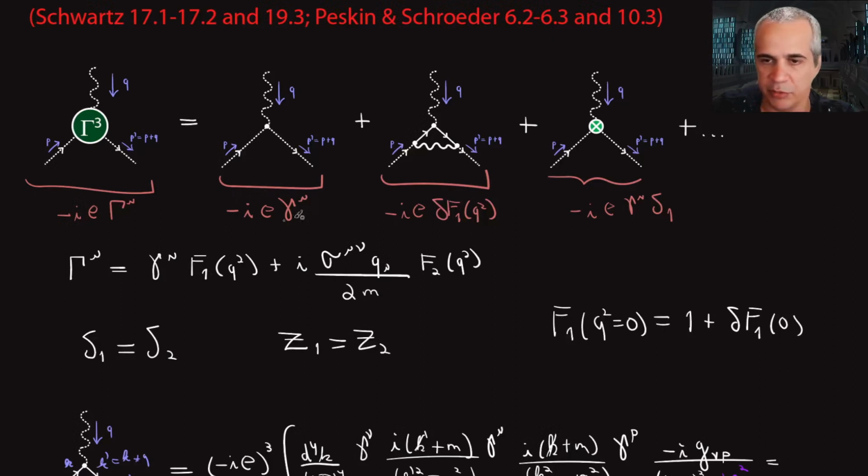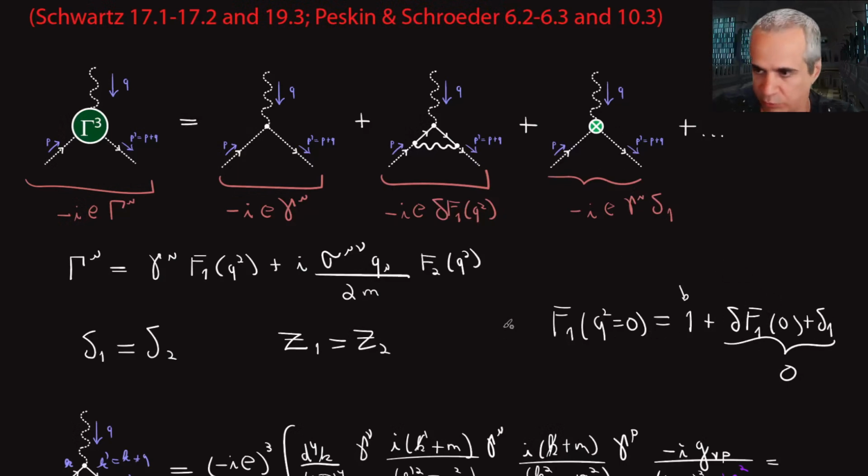This is contributing to the 1. And then that means that since F1 calculated at this point should be just 1, these other two parts, this one plus delta 1, should be 0, right? So this is the condition that allows me to get the counter term from delta F1.